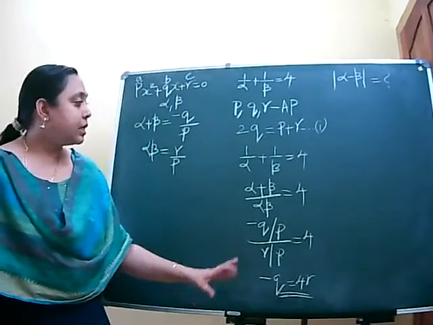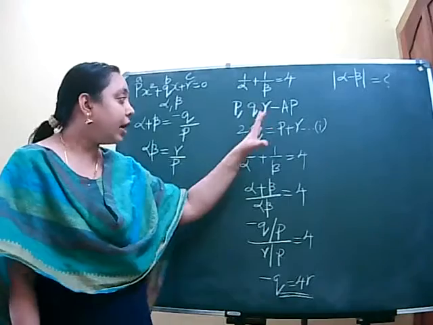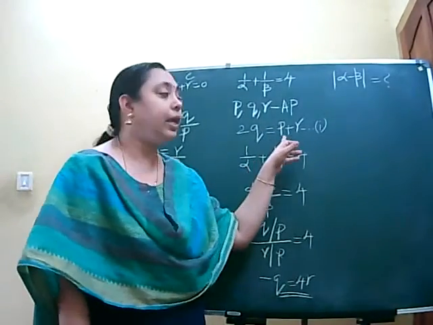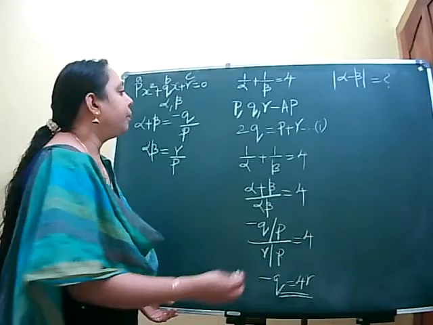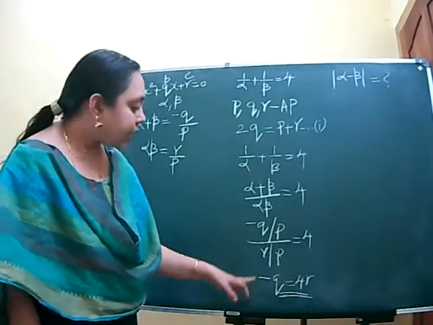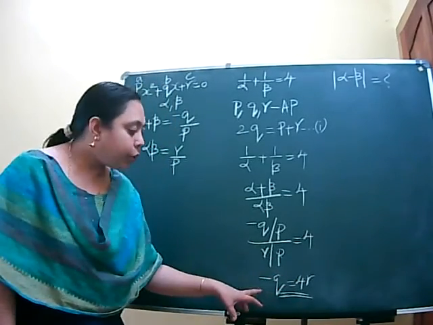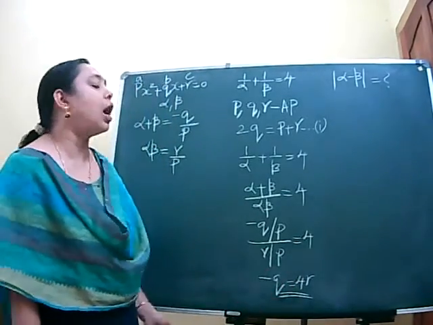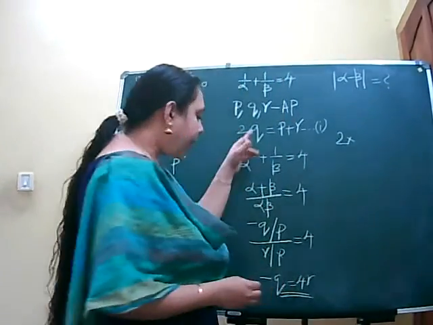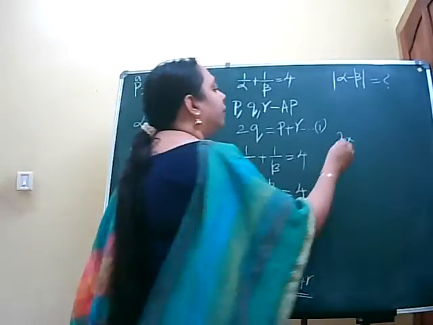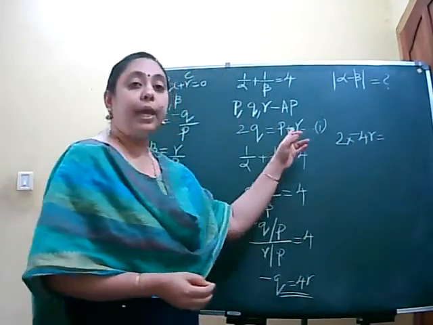Next we substitute this value here and find out a value for p. Then equation 1 becomes 2 into q, and since minus q is 4r, q is minus 4r, so 2 into minus 4r is equal to p plus r.